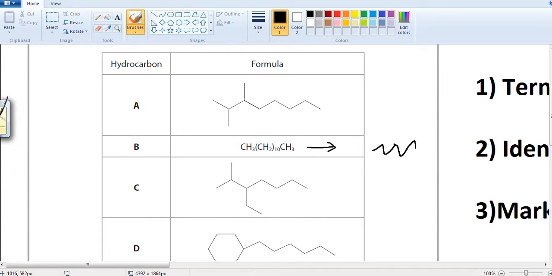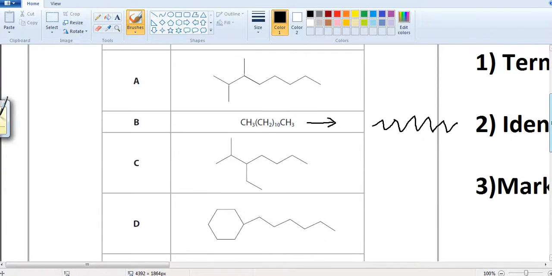The skeletal formula should be like this: 1, 2, 3, 4, 5, 6, 7, 8, 9, 10, 11, 12. So it is simply just the straight chain. Let us compare with A and B. Since it has 12 carbons.